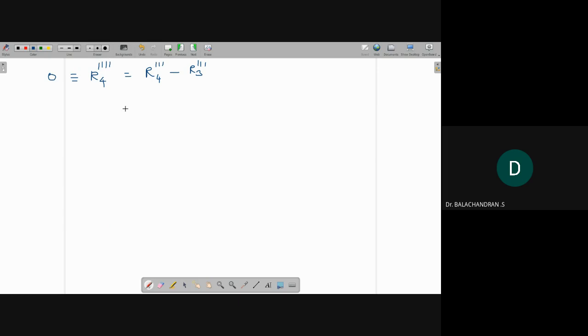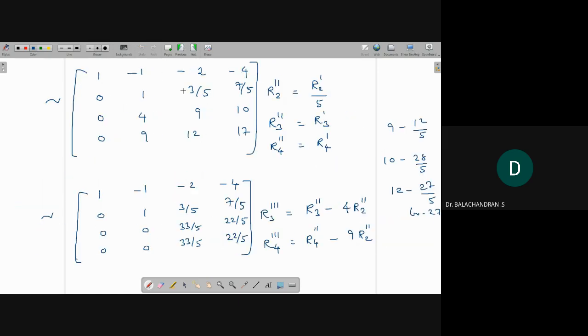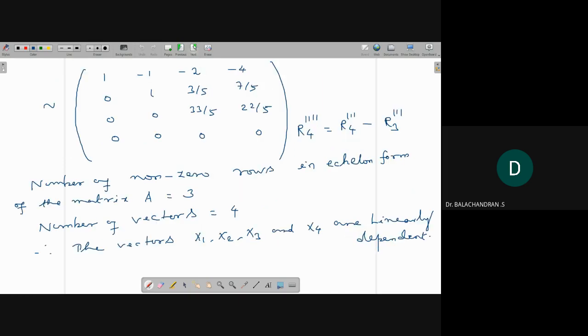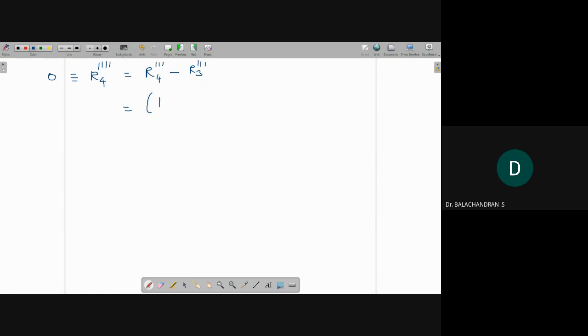So what is R4 triple dash? R4 double dash minus 9 R2 double dash, minus R3 triple dash.